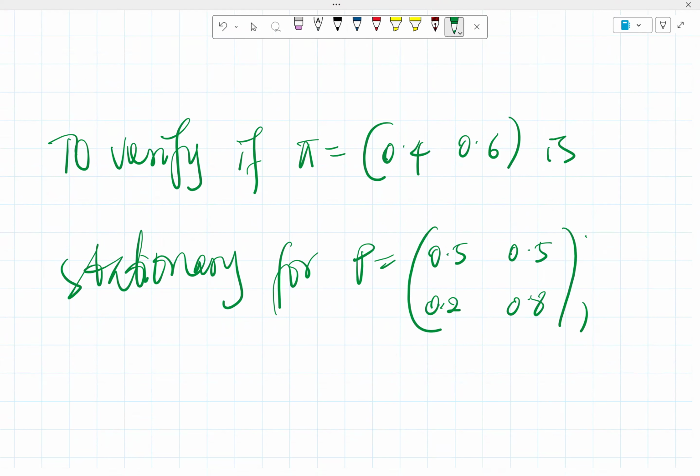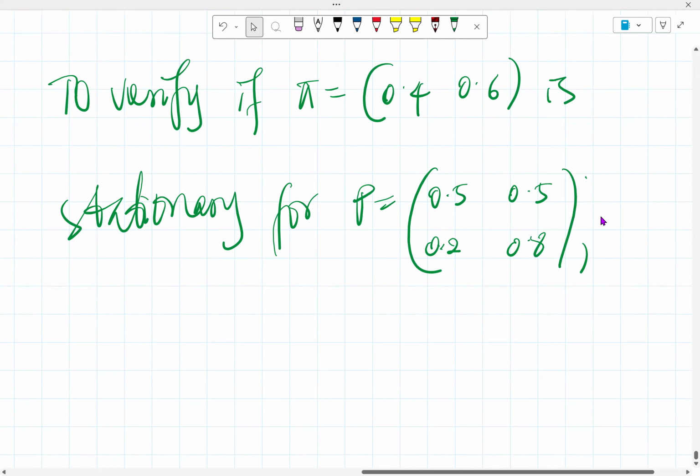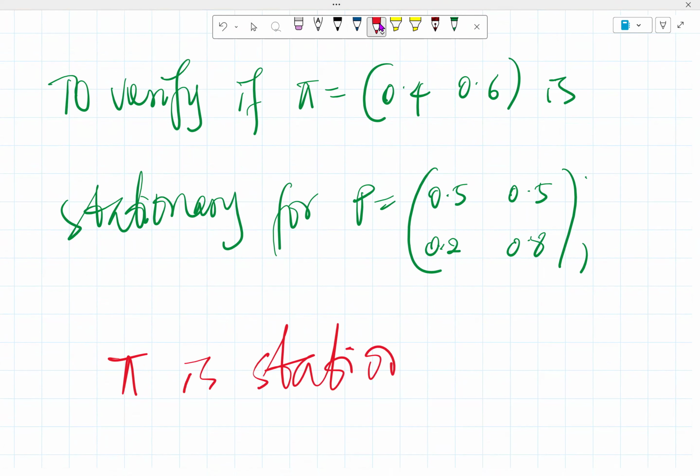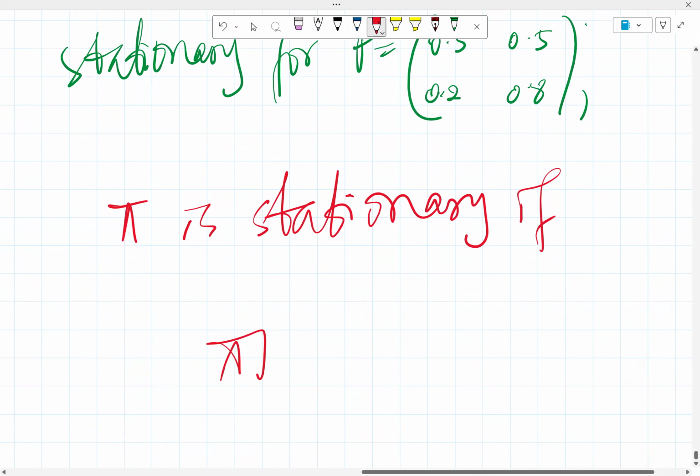That's all we want to do. To verify that, what should you be looking out for? We say pi is stationary if pi P is equal to pi. That's what we are looking for.